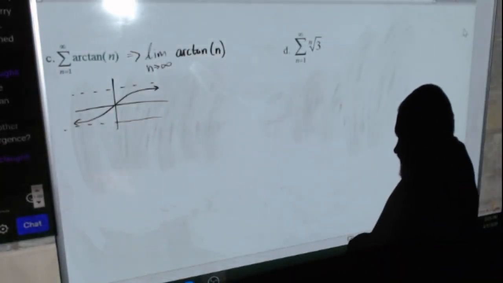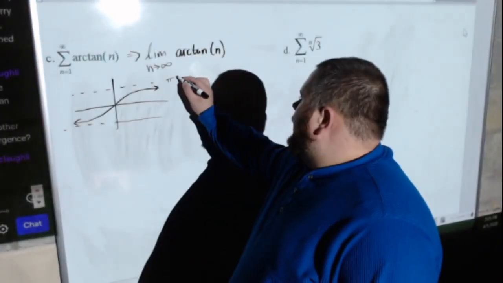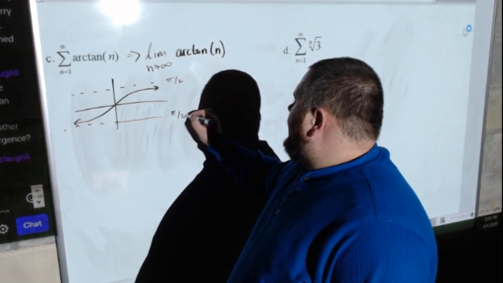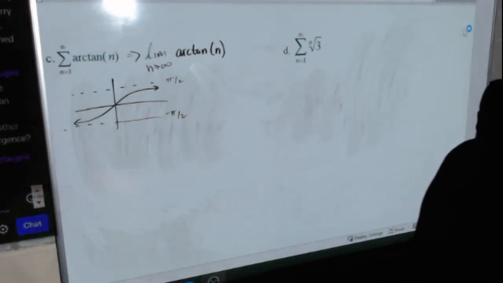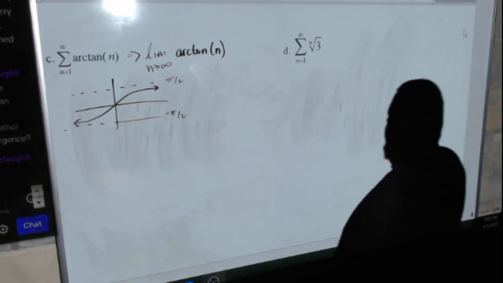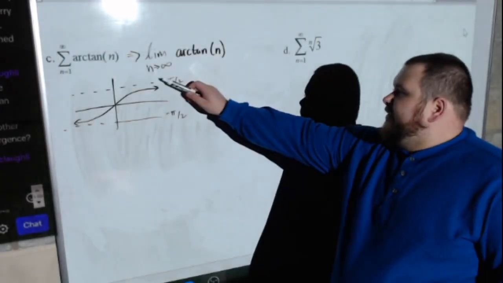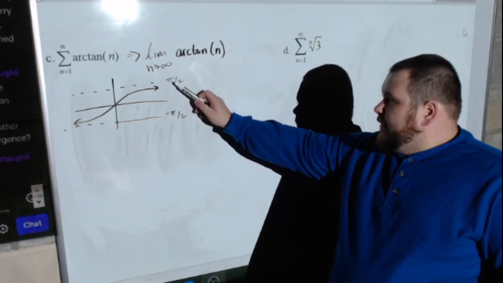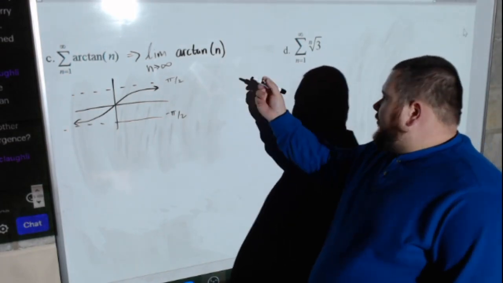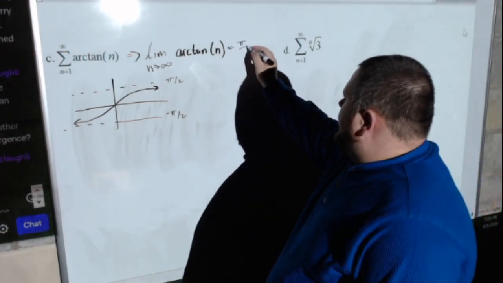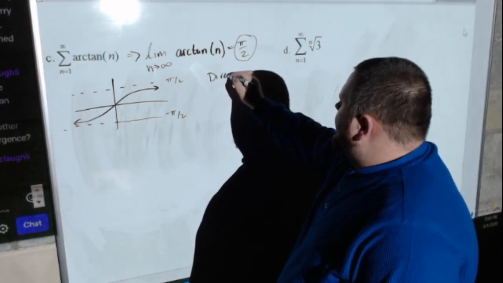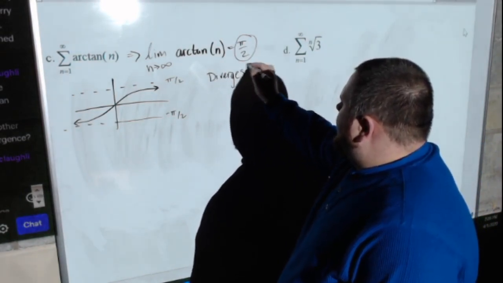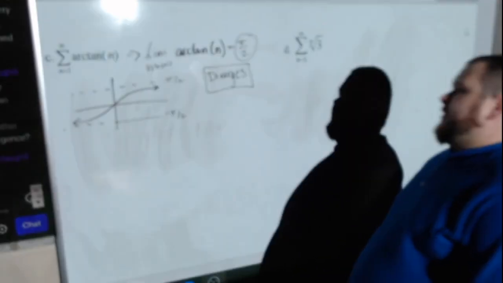And those asymptotes are pi over 2 and minus pi over 2. So if I asked you, what does this function do as n approaches infinity? Well, it tends towards pi over 2. And if we get something that's non-zero, it diverges.